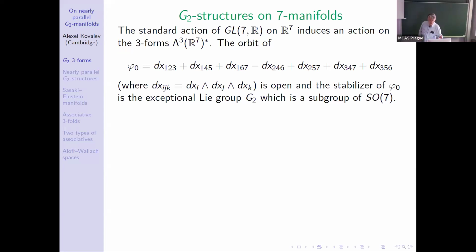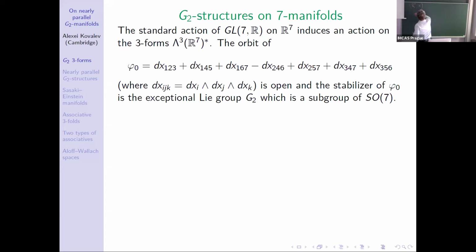For example, why this particular form? The form looks somewhat arbitrary. To clarify a little bit further what really happens here, the 7-dimensional space can be given a cross product, an anti-commutative multiplication, which generalizes the classical cross product in 3 dimensions.